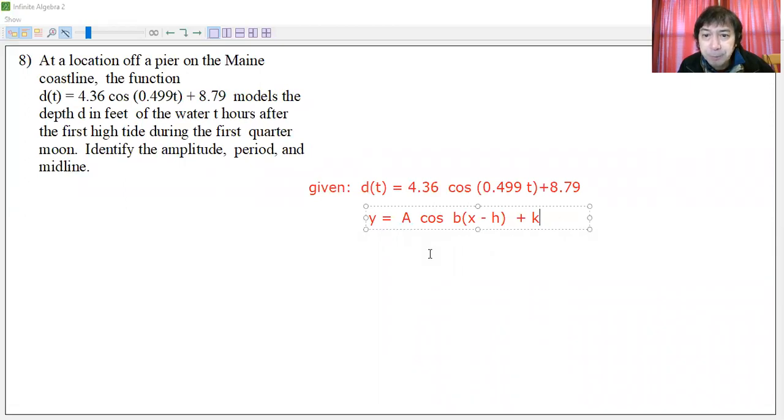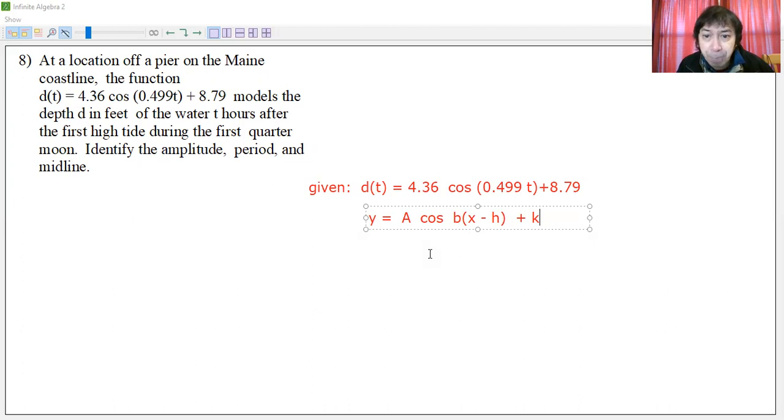If we compare the numbers, we don't have the H. H happens to be 0 in the given. There is no minus from the T, and we only have a number added, which is not included in the parentheses. That's the vertical.